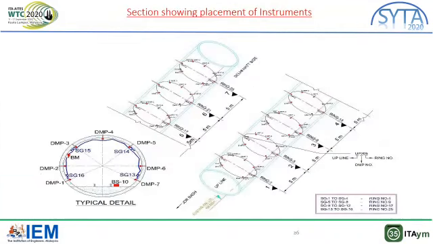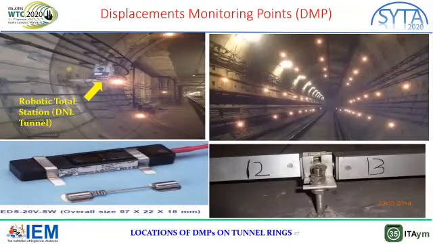These are the sections showing placement of instruments, strain gauges, beam sensors, and DMPs. This is the upline, this is the downline. These are some pictures showing the DMPs. This is robotic total station.